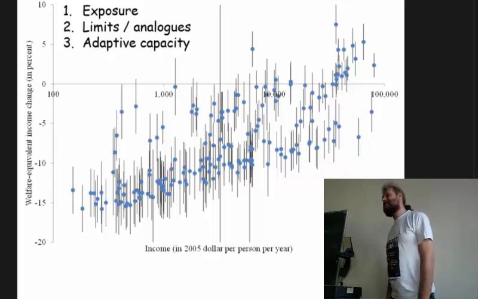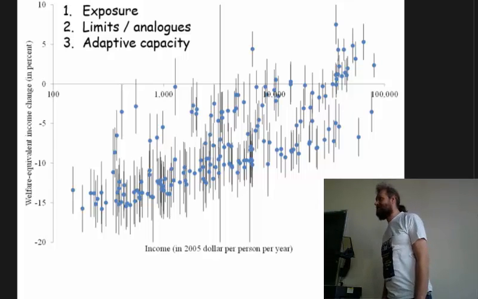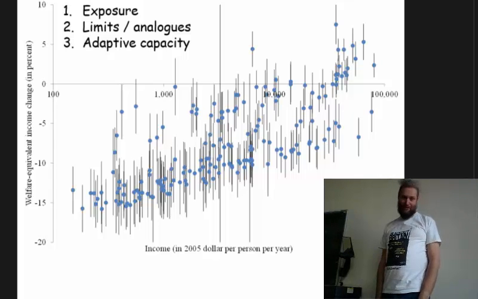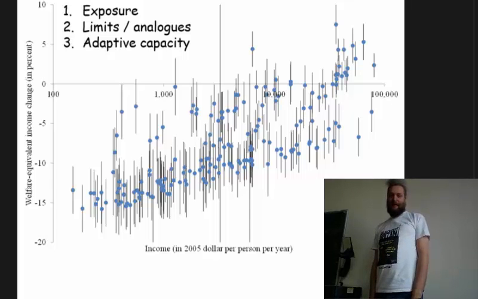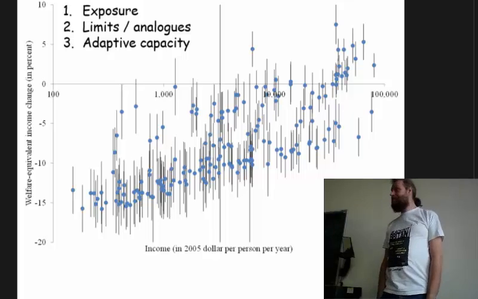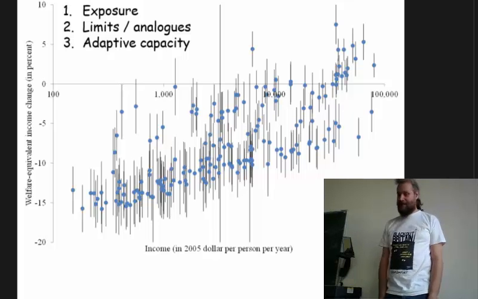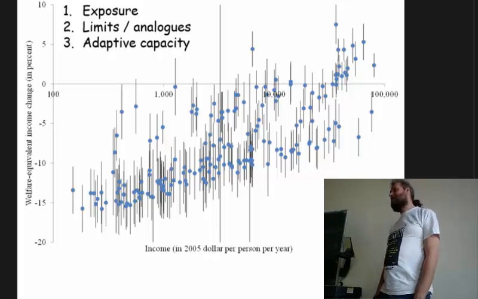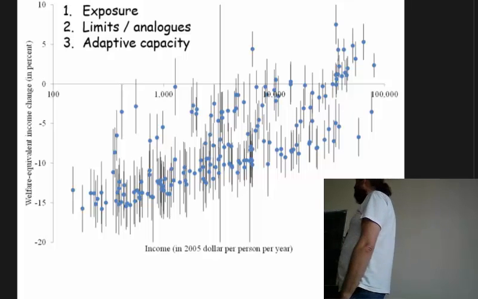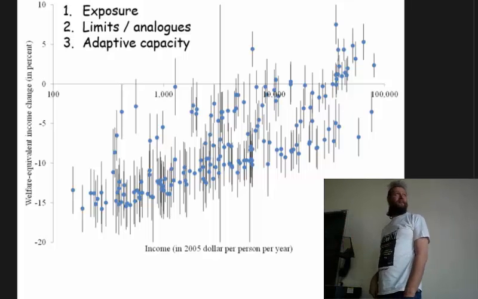What you're looking at here is essentially the same exercise as in the previous graph. It took all the available estimates with a bit of imputation by country, took the average of them, and those are the blue dots, and then the bars around them are the 95% confidence interval, or essentially the spread between estimates.